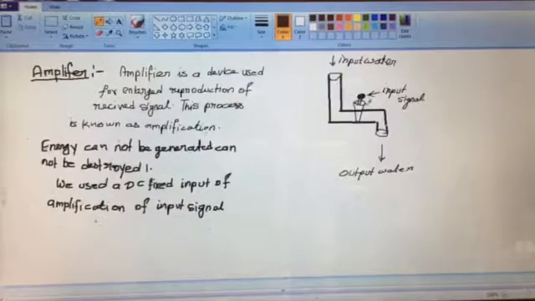From this diagram, suppose the way of water is completely closed. In that case, the input provided by the water tank will not pass through this stopper. So here the output will be 0. And suppose you have provided a small input, that means a small path is provided for the water to cross.